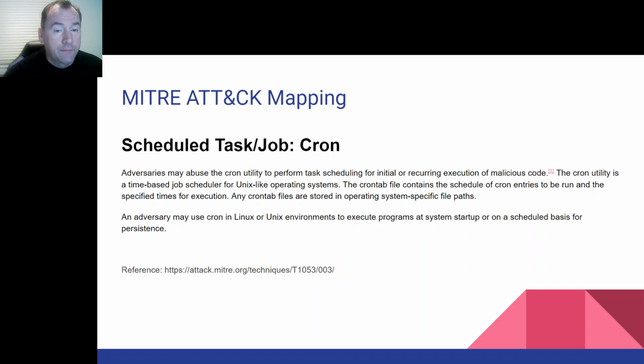Also, you can specify the user account that is executing that cron. An adversary may use the crontab to execute programs at system startup or on a regular basis to maintain persistence. Here's the reference to the technique in MITRE that you're welcome to pull up. You can also look at how the adversaries are using this in current campaigns.